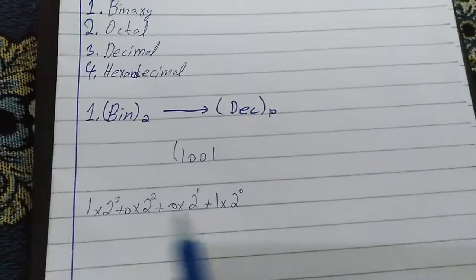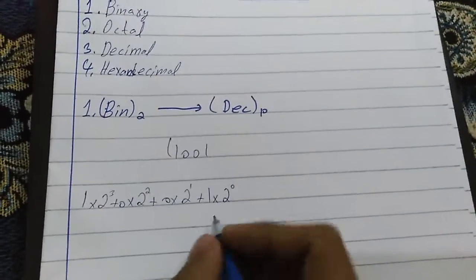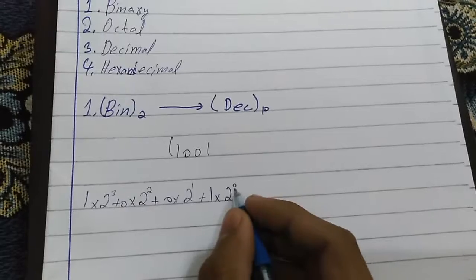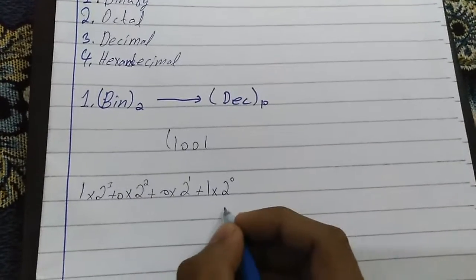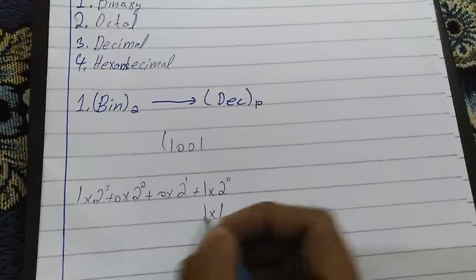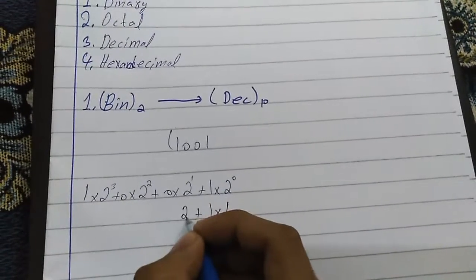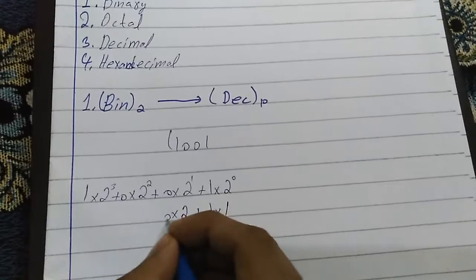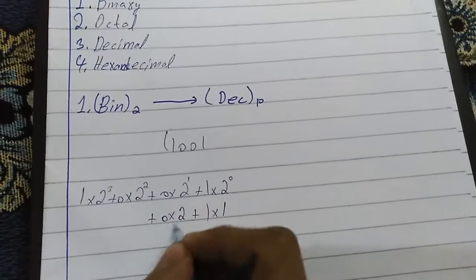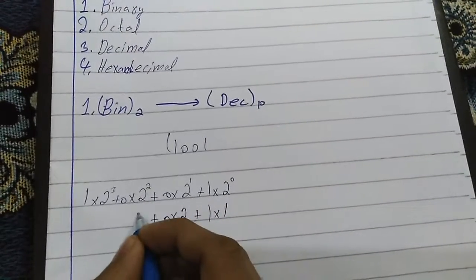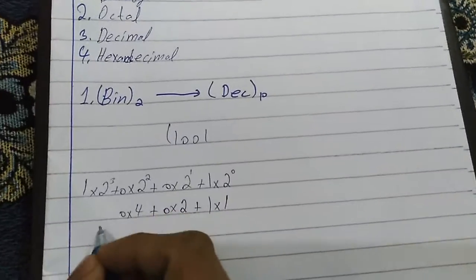Now we have to simplify simply like this. 2 power 0 means 1, and 1 into 1 is of course 1. Addition, 2 power 1 means 2, but it is multiplied by 0 and this becomes 0. This also becomes 0, as 4 into 0.